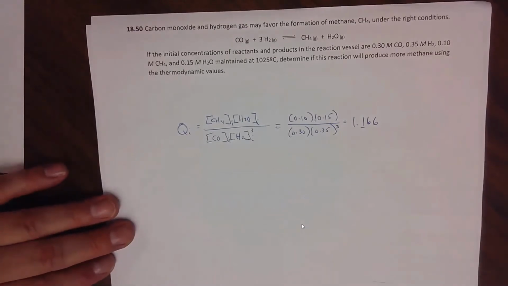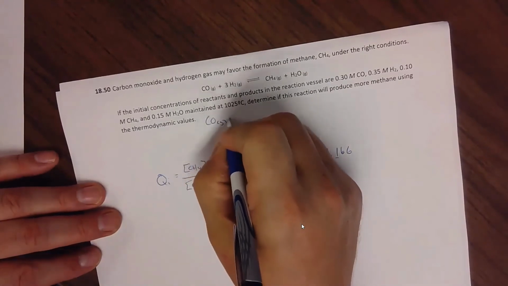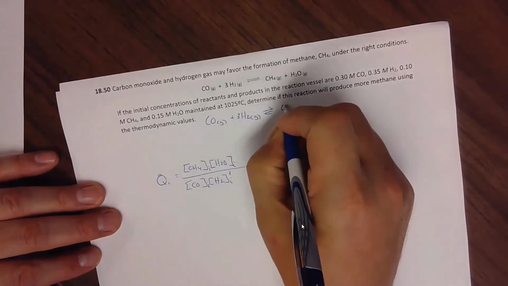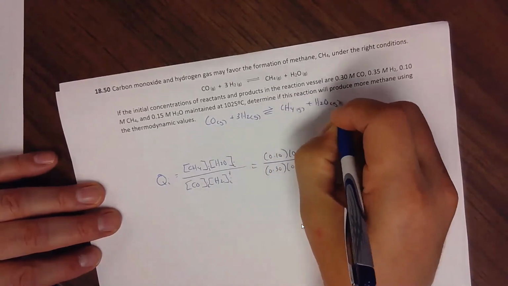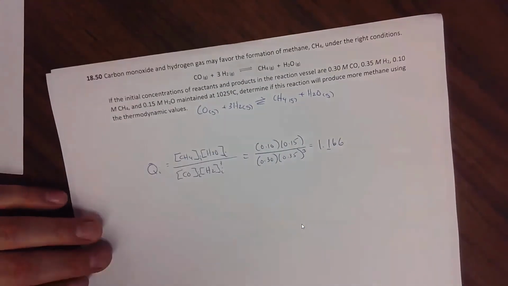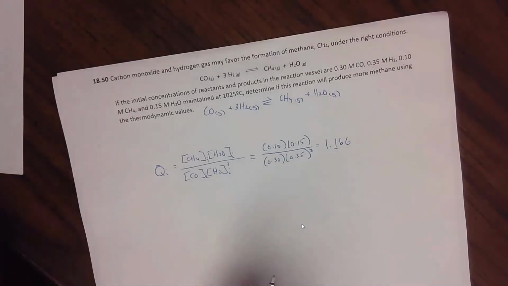Yeah, right. So we have this reaction: CO gas plus 3H2 gas in equilibrium with CH4 gas and H2O gas. Now, what am I going to look up exactly? What equation do I need to use?